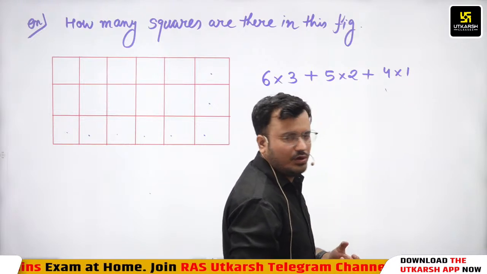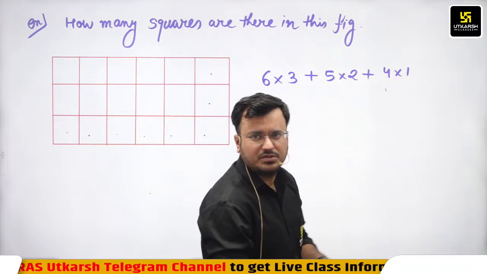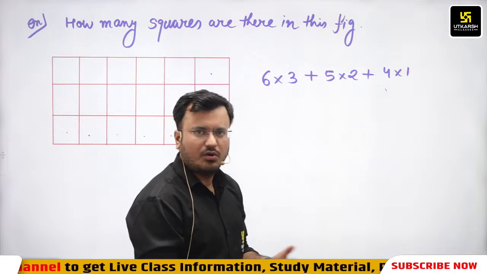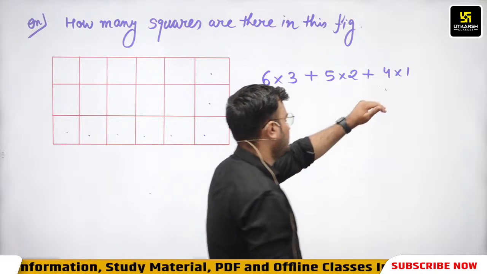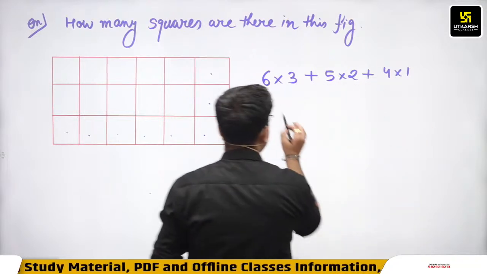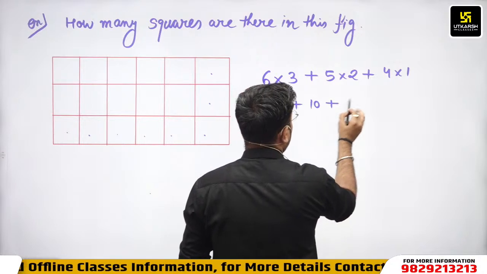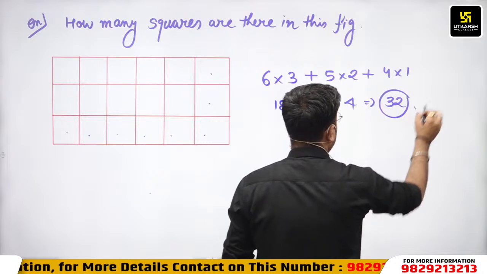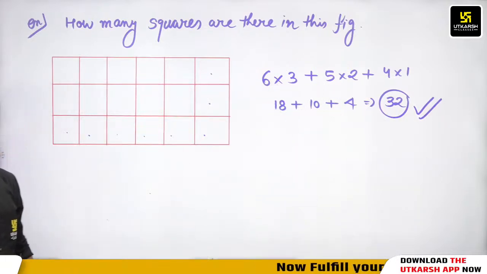As I told you, if both become 0 or one of them becomes 0, we need to stop. So we stopped here and we need to multiply these numbers: 6 into 3 is 18, 5 into 2 is 10, and 4 into 1 is 4. So total 32 squares are there in this figure.